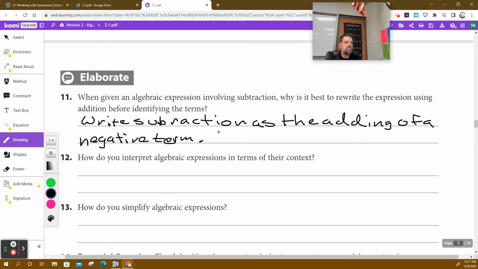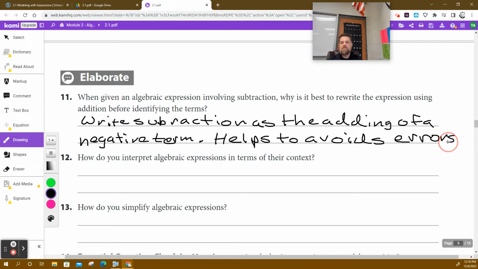And so when you rewrite all subtraction as an addition of a negative term, this is what the textbook says, it helps to avoid errors. Because what happens is people forget that that's a negative number, right?